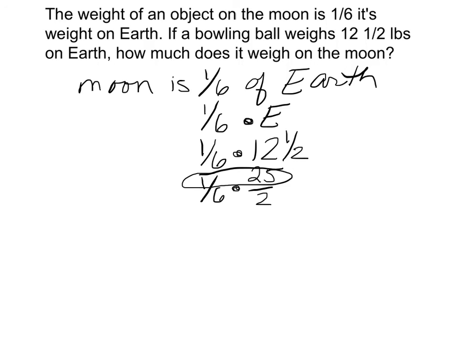We're going to take our numerators. 1 times 25 is 25. And then we're going to multiply our denominators. 6 times 2 is 12. And then we're going to rewrite that improper fraction as a mixed number. 12 goes into 25 2 whole times, with one of those twelfths left over. And then we're going to wrap it all up with a nice sentence.